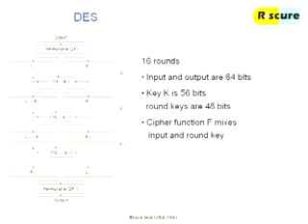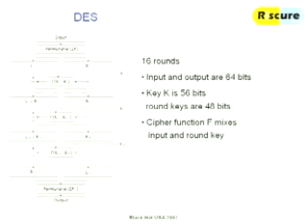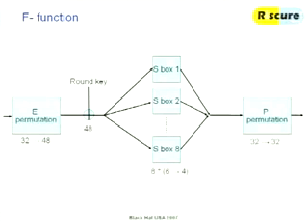Now, still that's not so easy, because you still have to go through a whole lot of keys. Well, luckily, if you look here in the DES, you have 2 halves, and then 1 half goes through the F in the first round. And the F function itself looks something like this.